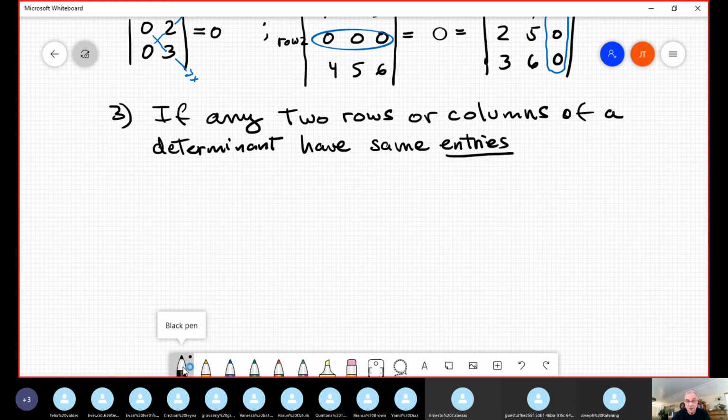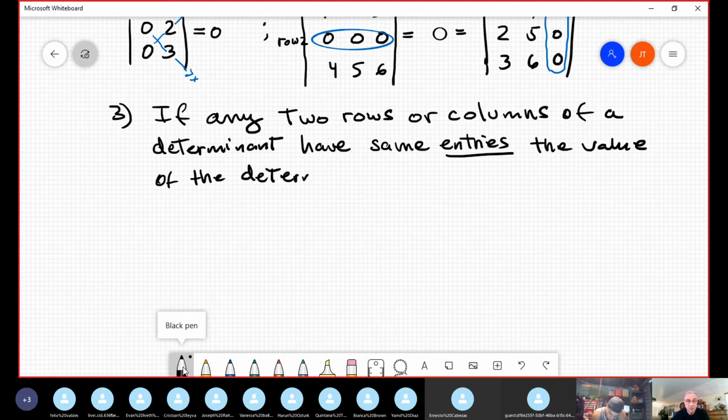Remember, entry is a word that we use in the book to indicate the value of the element. The value of the determinant is again 0.